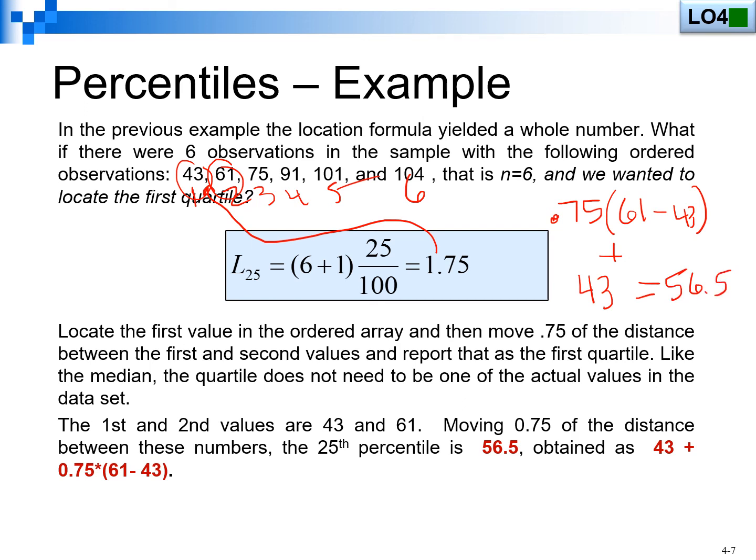That's how you would calculate it. In this case it would be the first quartile, but notice this is a little bit different than if you had gotten a whole number integer. You start with 43, that's number 1, and because it's 1.75, you go to the next number, take the 61, subtract 43, multiply by that 0.75, and then add it to 43. In this case, you're going to get 56.5. That's how you would calculate for a non-integer percentile, how you'd calculate the actual location.